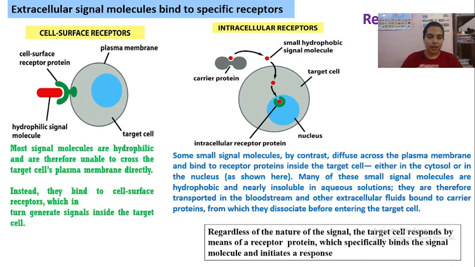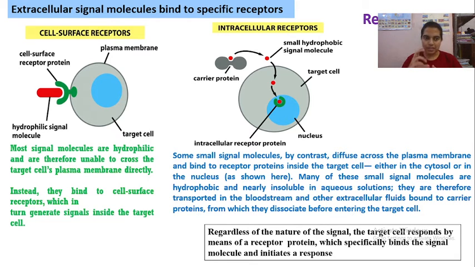Now this is nothing different from the previous slide. Here we are just talking about the different locations of the receptors. Like in the first image, there are cell surface receptors.